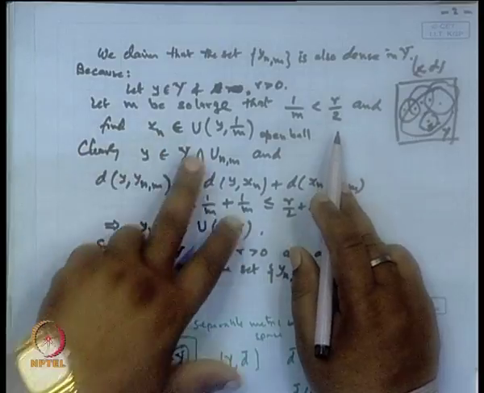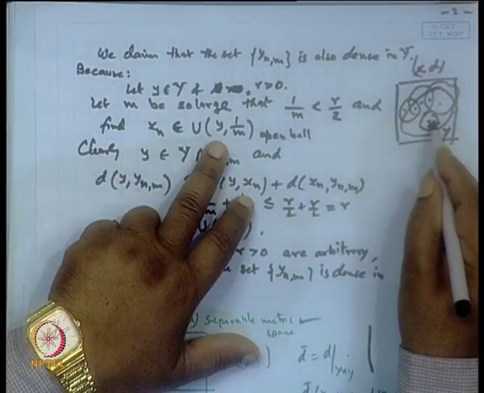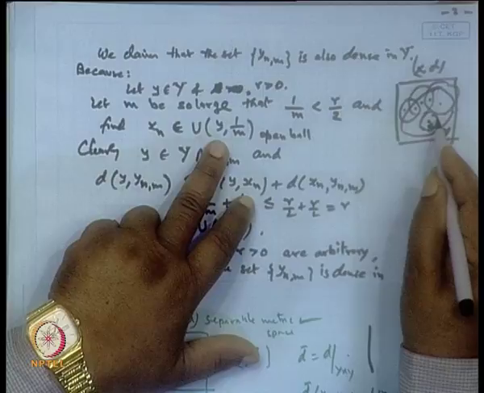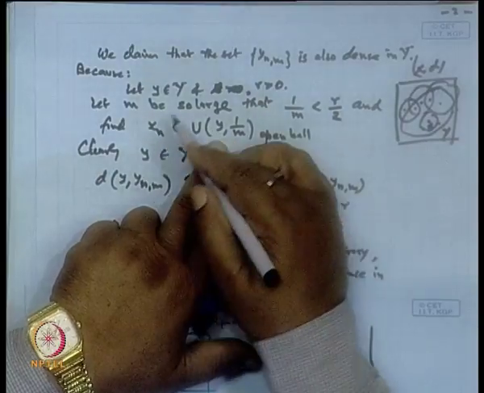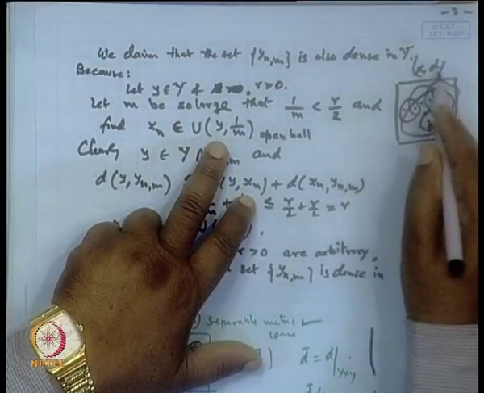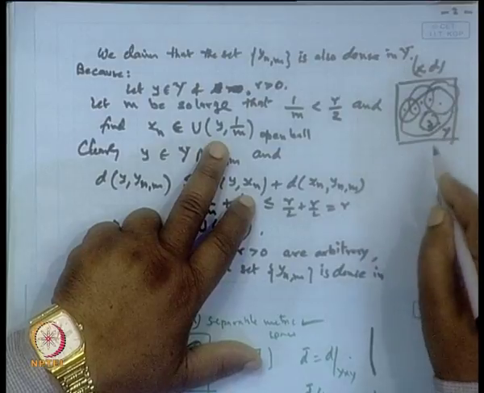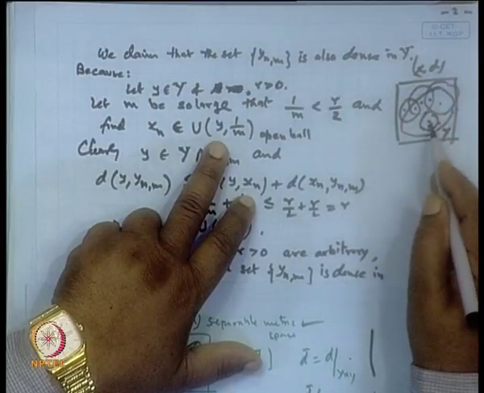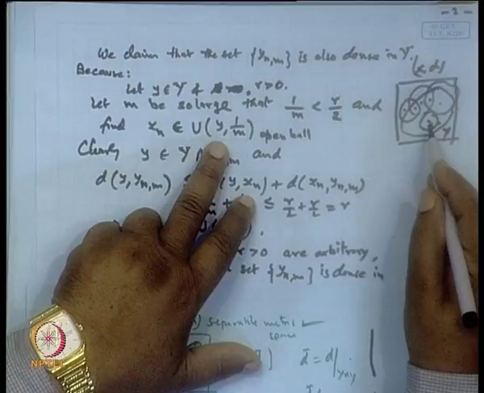So, if I take a ball around the point y with a radius 1/m, then since x_1, x_2, x_n are dense in X, they are also scattered in Y. So, some of the x_i's will be available in this ball.